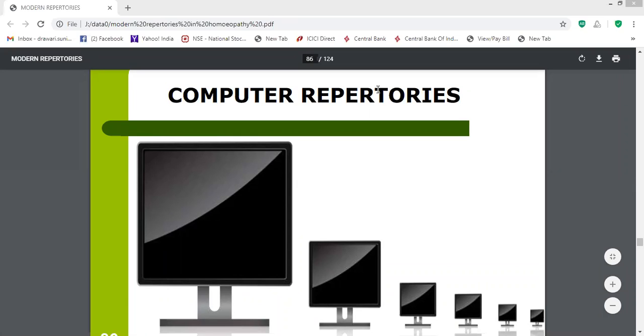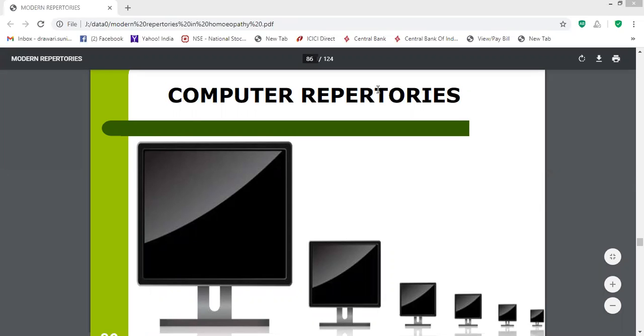These softwares are helpful to refer to different materia medicas and different repertories at the same time for the same case.